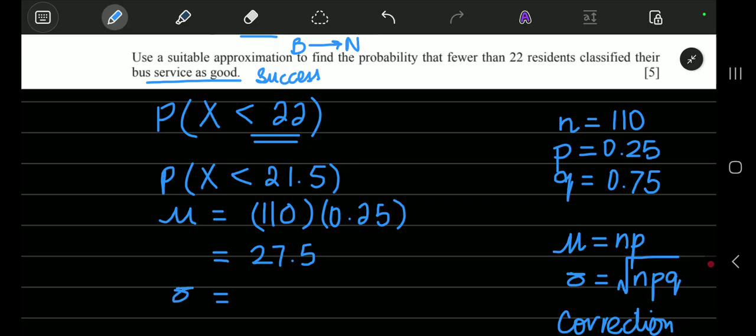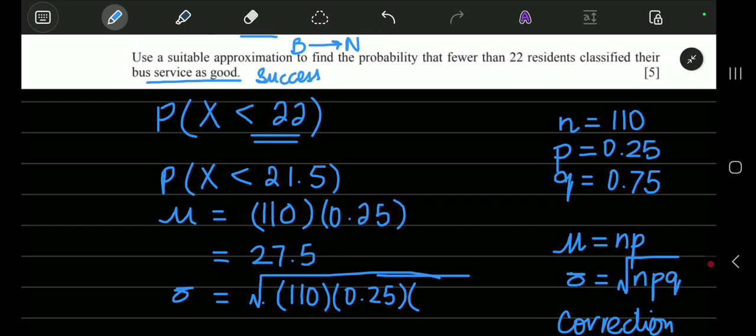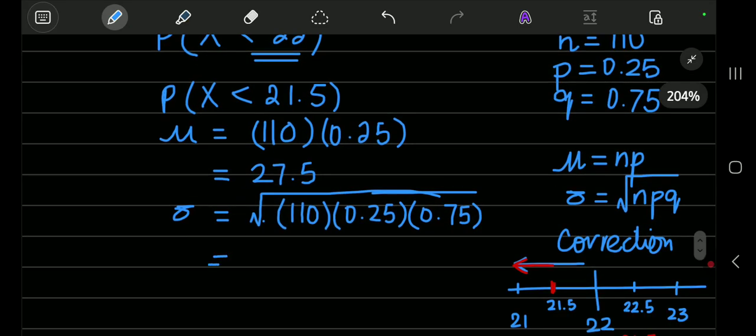The standard deviation is root npq, that means 110 times p, which is 0.25, times 0.75. So this will give you 4.5414 as your standard deviation.